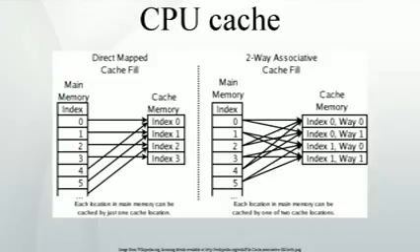Cache entries. Data is transferred between memory and cache in blocks of fixed size, called cache lines. When a cache line is copied from memory into the cache, a cache entry is created. The cache entry will include the copied data as well as the requested memory location, now called a tag. When the processor needs to read or write a location in main memory, it first checks for a corresponding entry in the cache.